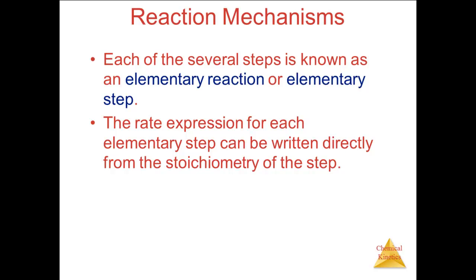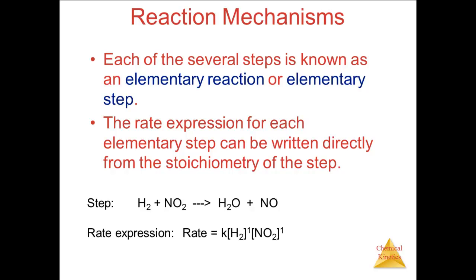For example, suppose an elementary step is H2 plus NO2 gives H2O plus NO. Then the rate expression for that specific step is rate equals k times the concentration of H2 to the first power times the concentration of NO2 to the first power.